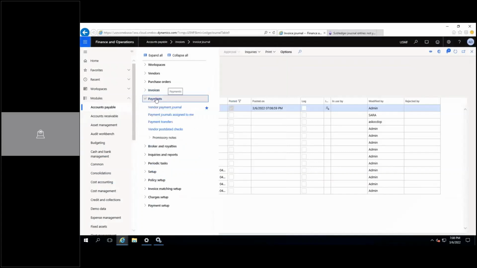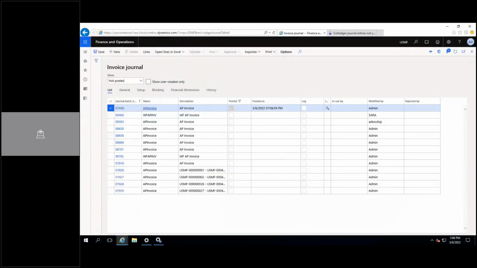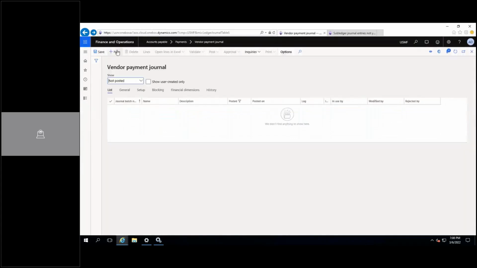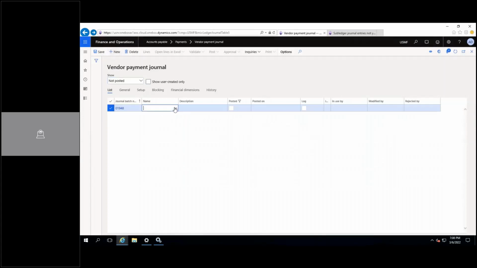If you are entering here, suppose it is a vendor payment, I will enter vendor account debit. The same journal, it is same. This is invoice journal. Now let me go to vendor payment. Next one is payments, vendor payments. If you click on new, select the journal name, vendor payment. In the back end, all journals use the same screen, but in the front end, it is different.